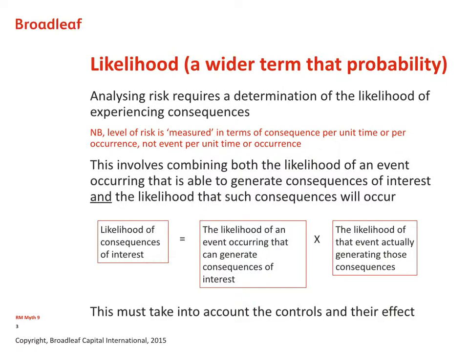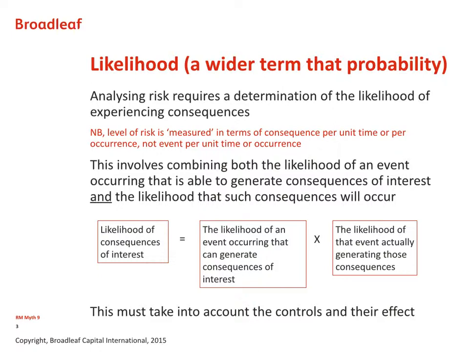In other words, we need to take into account all the factors that influence the likelihood of the consequences and not just the factors that lead up to the event. And of course that must mean that we take into account controls, because if controls are present, then they will modify the risk by changing the likelihood of the event, by in particular changing the likelihood of the consequences we're interested in given the event occurs, and of course it will also change the nature and size, the magnitude of the consequences.